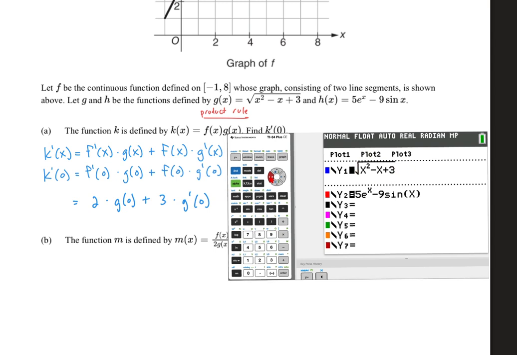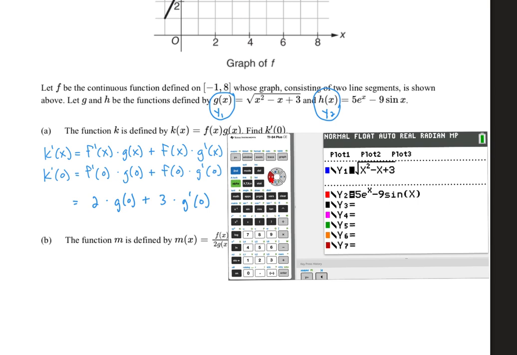I put g of x into y1, and so it's kind of good to do this. Let me erase this product rule. So kind of nice, and you'll see on the AP test it'll be a good thing. If you put a function into the calculator, write what that function is, and that's in the calculator. So that's y1, and then the h of x is y2. So we don't forget which one's which when we put it into the calculator.